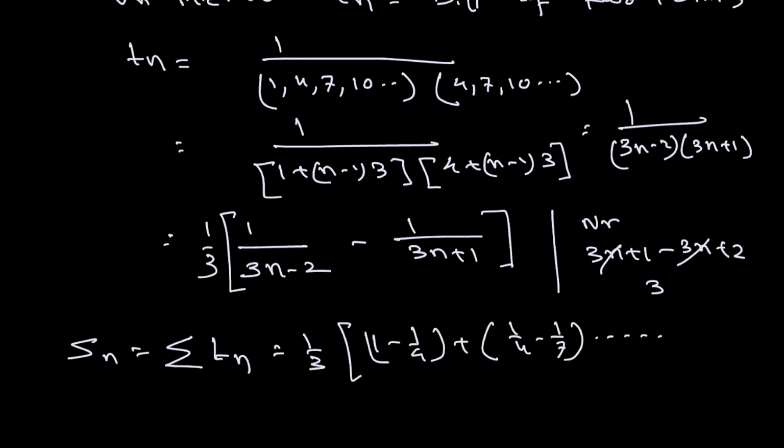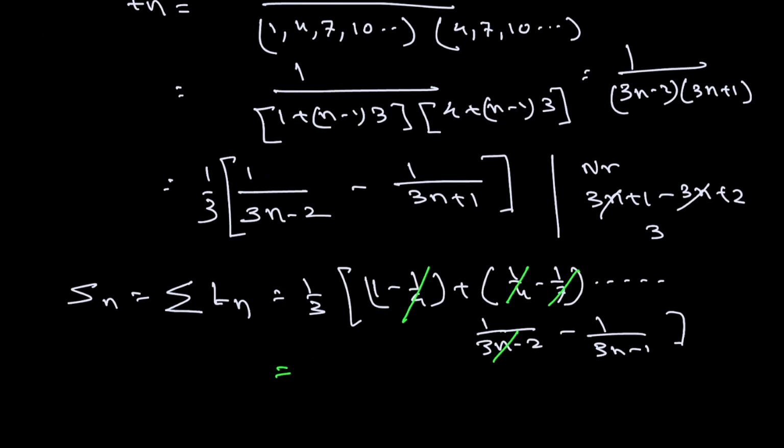Continuing, if we put n equal to n, we get 1 by 3n minus 2 minus 1 by 3n plus 1. Now all the terms will be cancelled, and only the first term and the last term remain. This is actually Vn minus V0. So this is coming 1 minus 1 by 3n plus 1. In this way we calculate the sum.